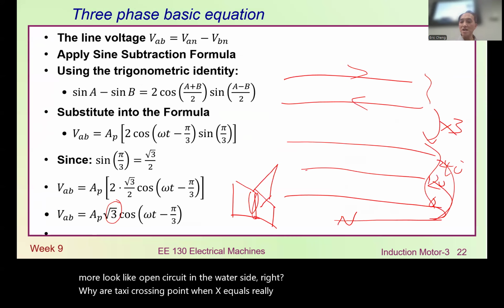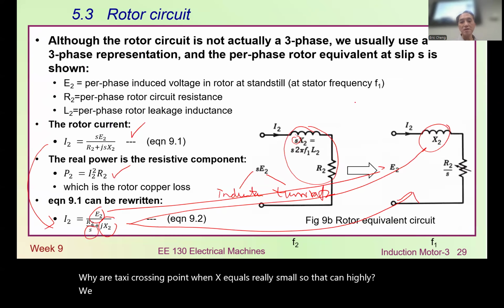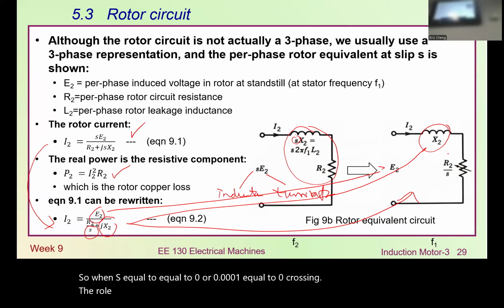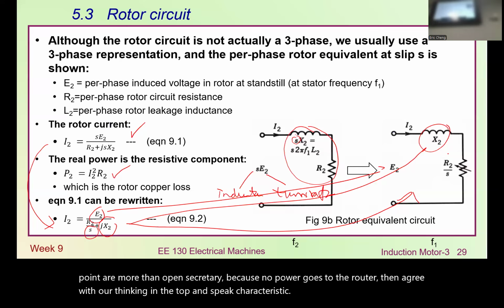So when S is close to 0 or 0.0001, close to the zero crossing, no induction appears. That more looks like an open circuit. That means the rotor at that point looks more like an open circuit because no power goes to the rotor. That agrees with our thinking in the torque and speed characteristic. You get that? Any question up to this point?